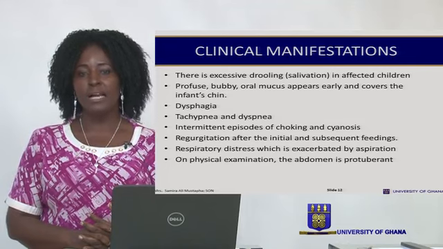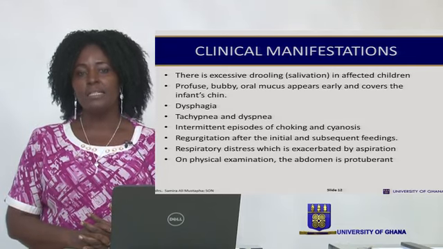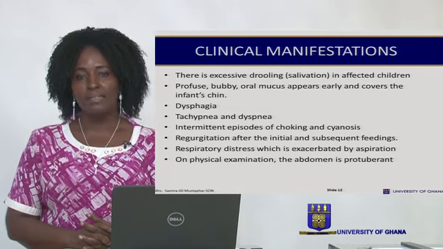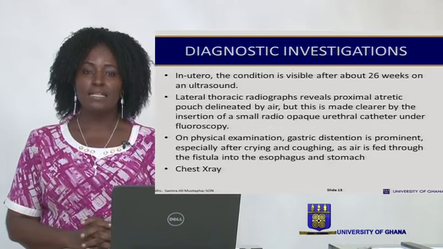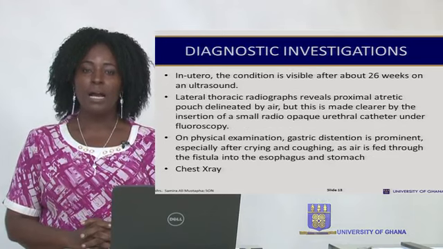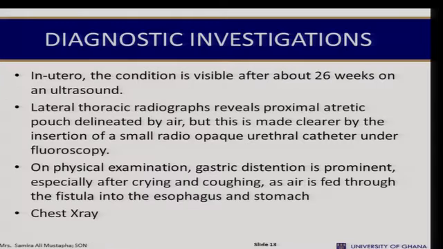Regurgitation after initial and subsequent feeding, and all that I've listed here are evident. Diagnostic tests include physical examination and chest x-ray, all of which will help us to diagnose the problem.